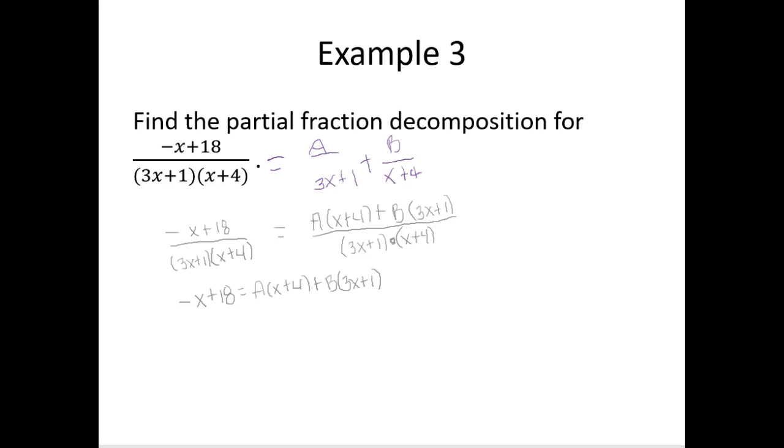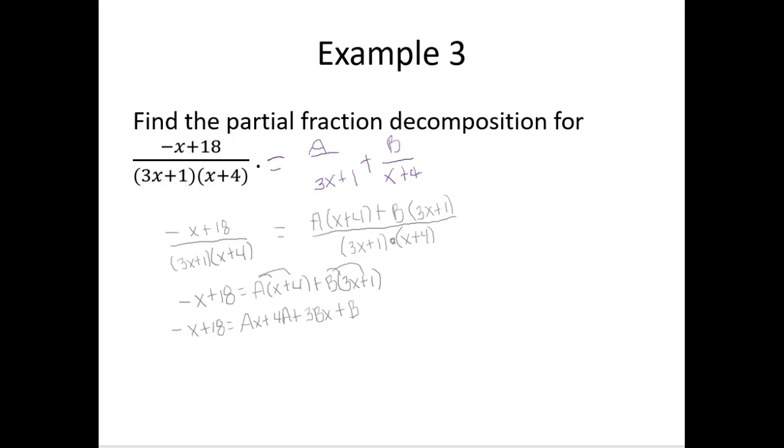Alright, so now I am going to distribute the a into the parentheses and the b into the parentheses, and that's going to give me negative x plus 18 is equal to ax plus 4a plus 3bx plus b.